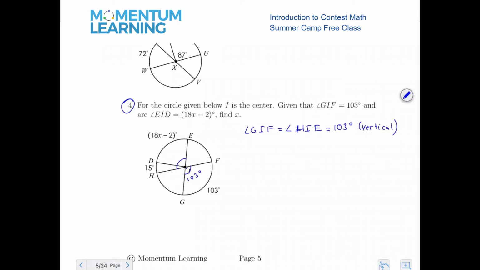Now we know HIE covers this whole arc here. So angle HIE is equal to the minor arc, arc HE. So 103 is equal to 18x minus 2 plus 15. So 18x is going to be equal to 90. Therefore, x is equal to 5.